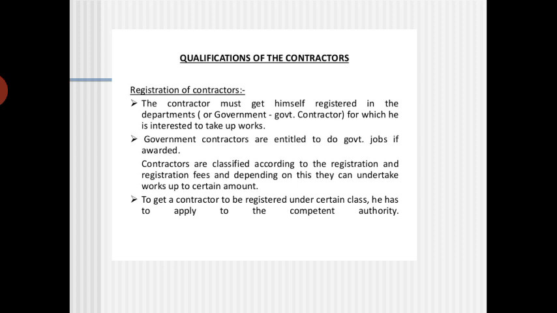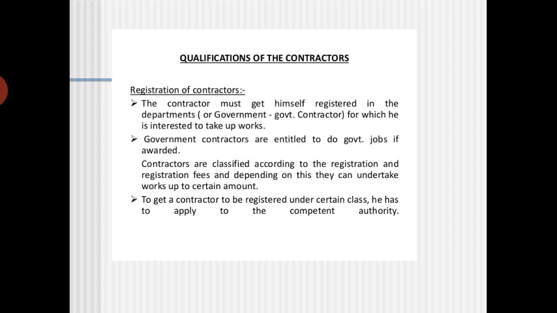Based on the categories, they give the contractor certificate, and the details of what kind of work you are executing. Government contractors are entitled to do government jobs if awarded.